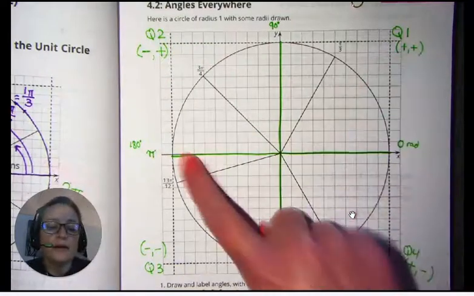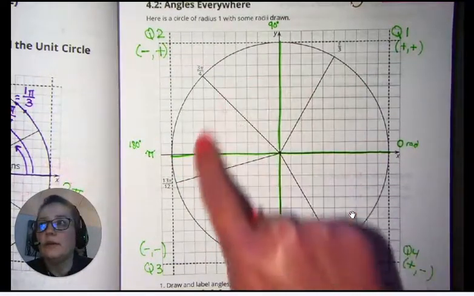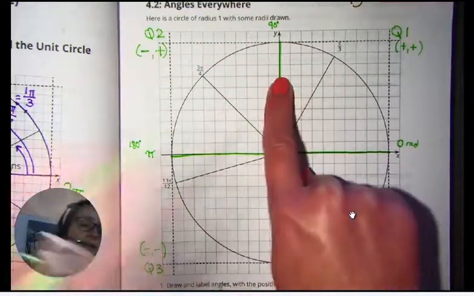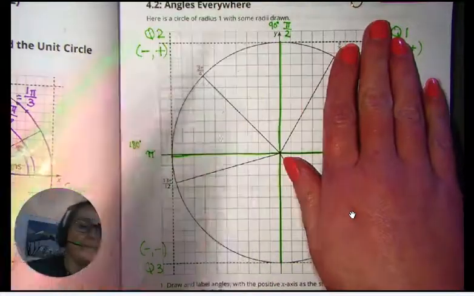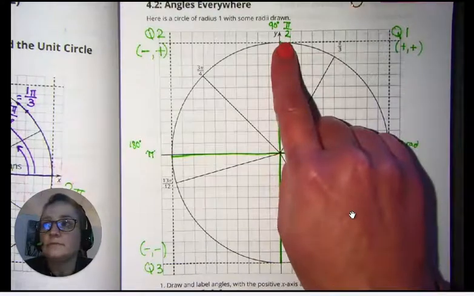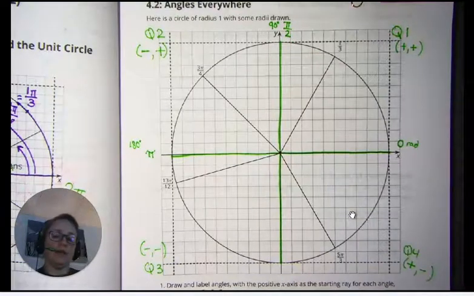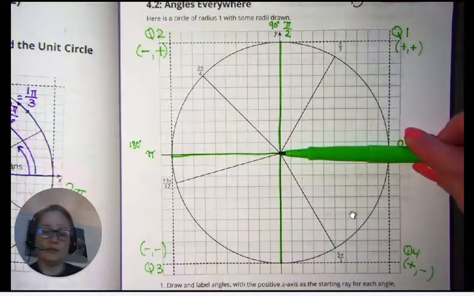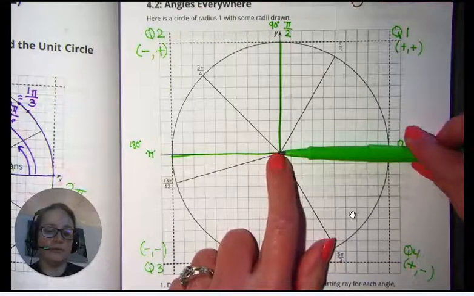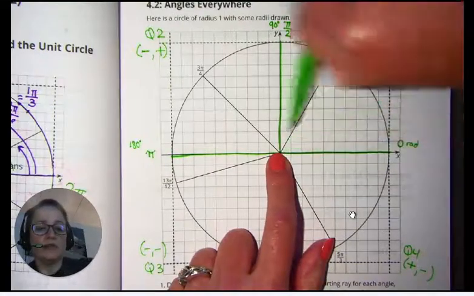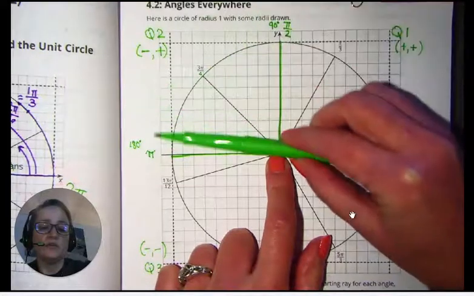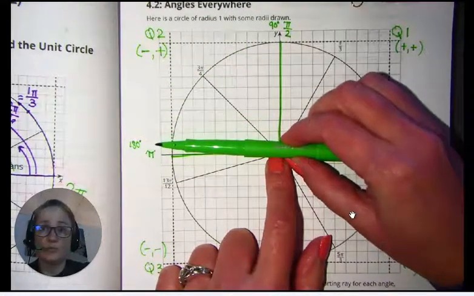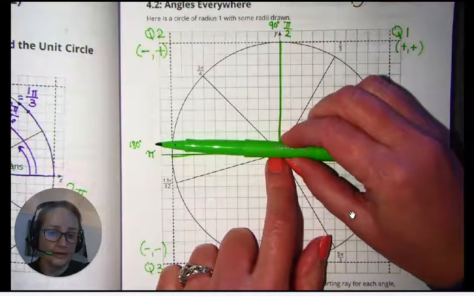And if this is pi, going from here all the way to here, that is only halfway there, so this is pi over 2, or half of pi. Now we're going to be doing a lot of this counting. If this is 0, pi over 2. If this is a half of a pi, 1 pi over 2. This is 2 halves of pi, or 1 pi.